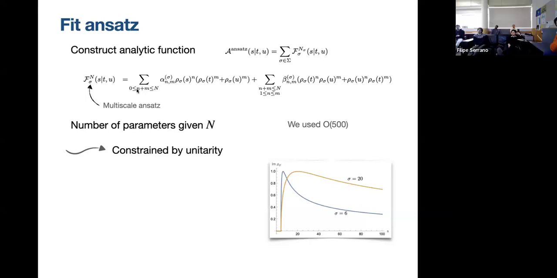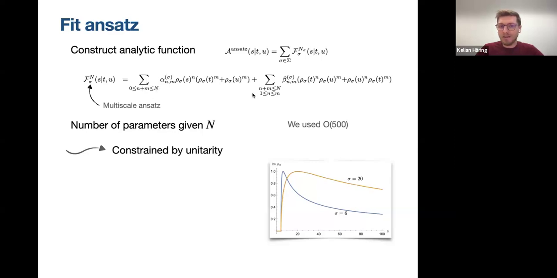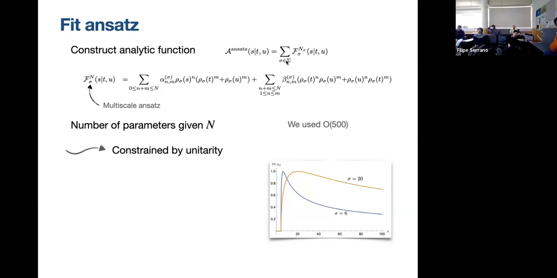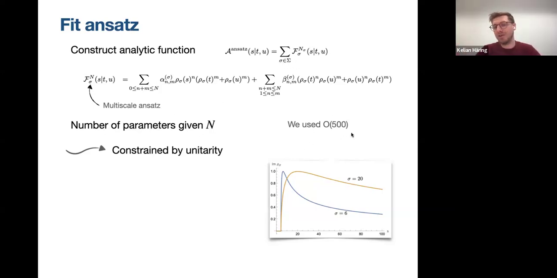And as you saw before, we need to truncate the number of parameters we have. So we have this parameter n here, and the number of free parameters is given by this n for each choice of this sigma. And in practice, we have order 500 free parameters.